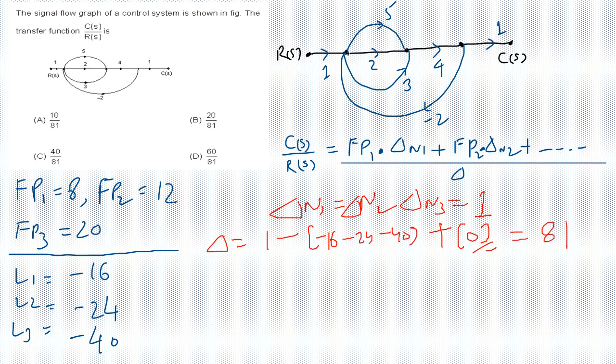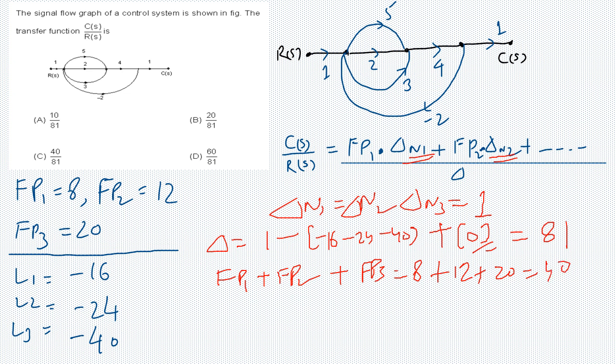Now let us write the numerator term. I already told you that delta n1, delta n2 and delta n3 are all 1, so we are just left with Fp1 plus Fp2 plus Fp3. Summing this up, 8 plus 12 plus 20 gives me 40.